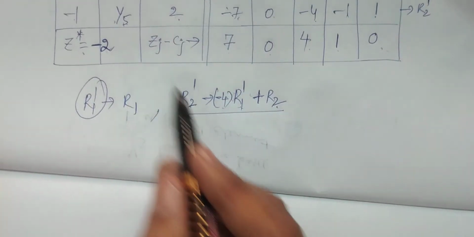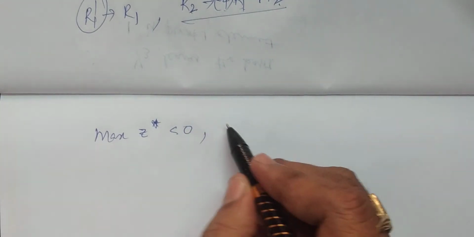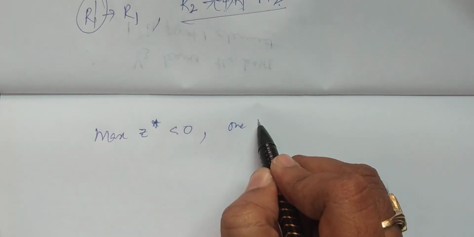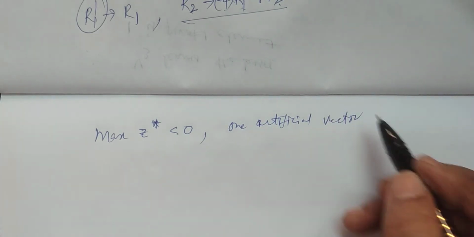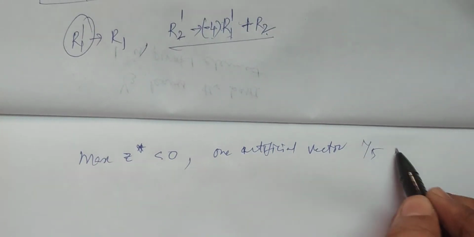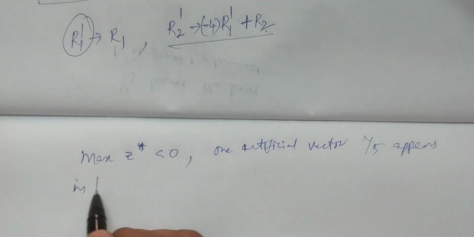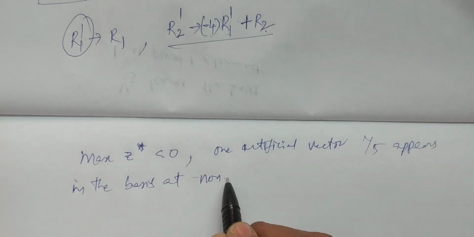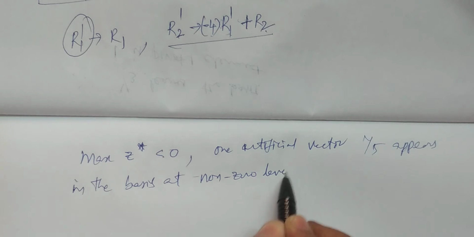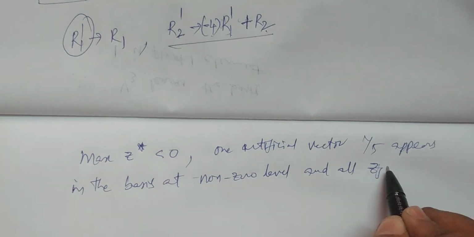I write the case here: maximize Z star, Z star is less than 0, and one artificial vector y5 appears in the basis at non-zero level, and all Zj minus Cj are greater than or equal to 0.